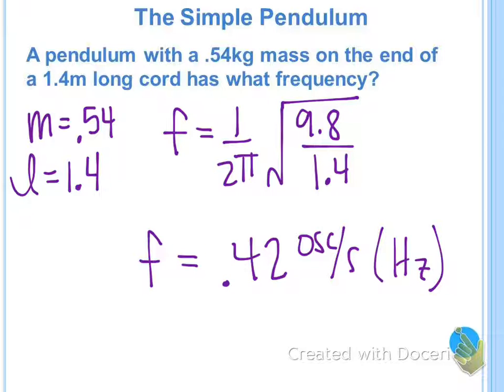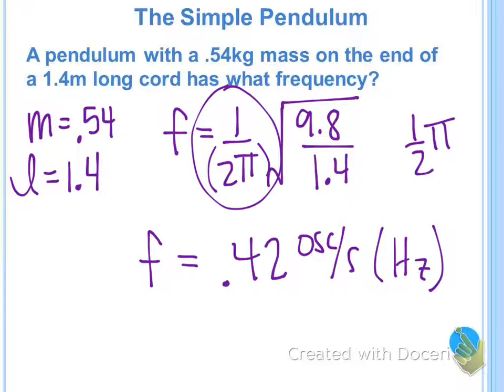Because 1 over 2 pi is very different than 1/2 pi. Those two things are not the same thing. Where is pi in this equation? Is it in the numerator or the denominator? In our equation, it's in the denominator. So it's not 1/2 times pi. If you plug in 0.5 times pi into your calculator, you get 1.57.